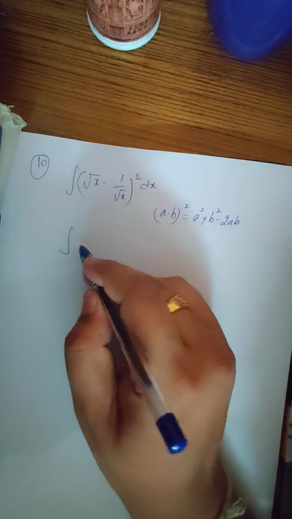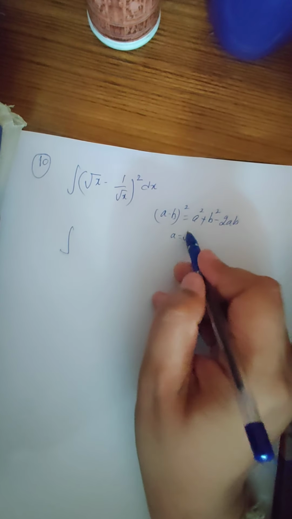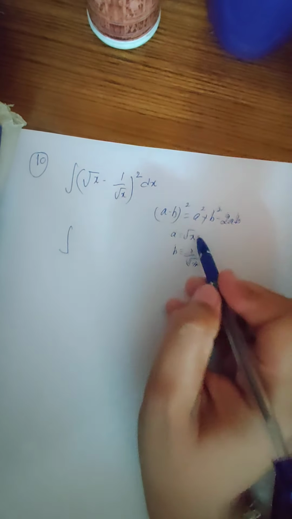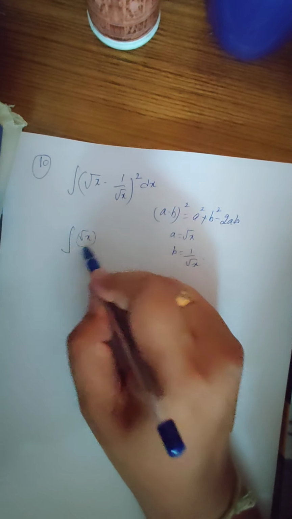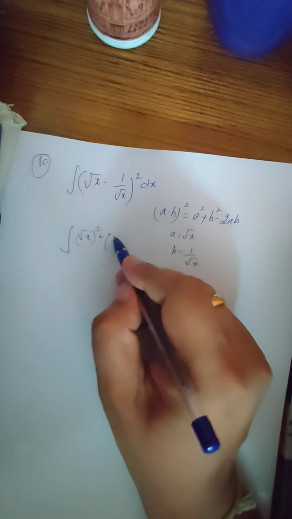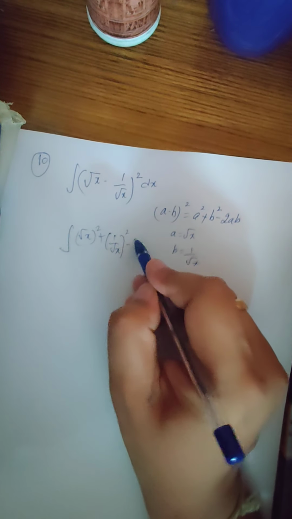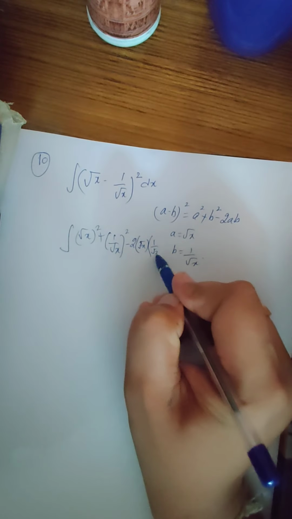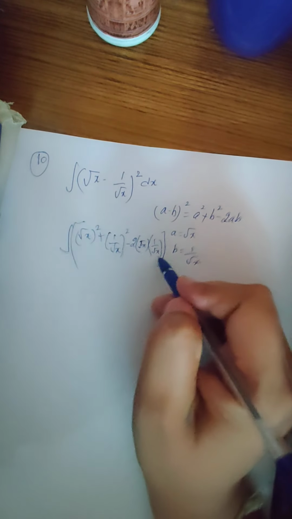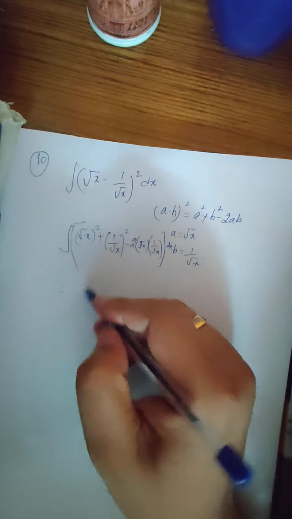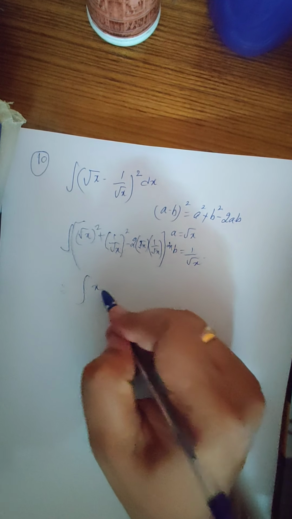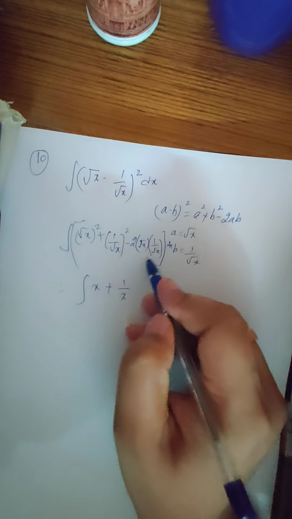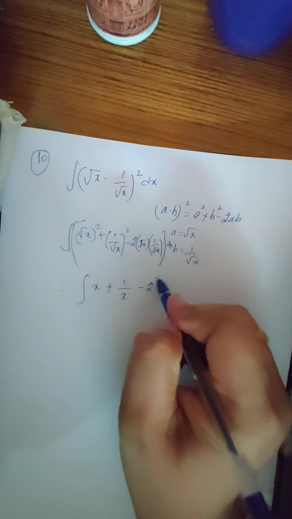So a is root x, b is 1 by root x. So a square will be root x whole square, plus b square is 1 by root x whole square, minus 2 into a, which is root x, into 1 by root x. So dx, that will be integration of x plus 1 by x minus 2 dx, where root x whole square is x, and root x and root x in the last term get cancelled.